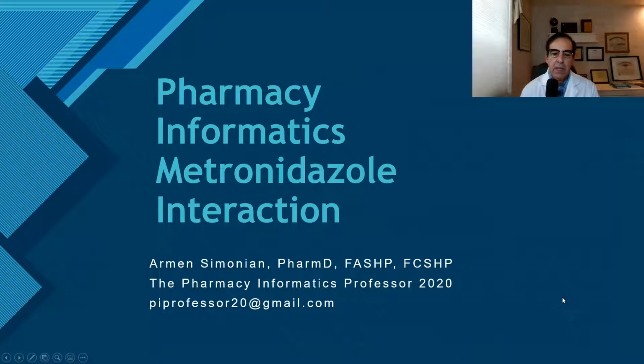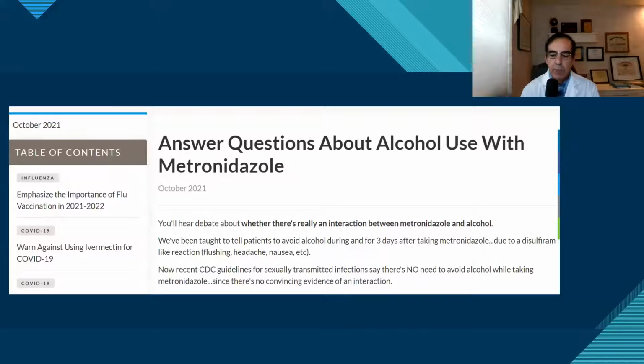So this is a metronidazole interaction. And here is the heading on the article. For the longest time, we've been taught in pharmacy school that metronidazole has a disulfiram-like reaction. So if the patient is taking metronidazole and also consuming alcohol, then you can have a lot of really nasty side effects.